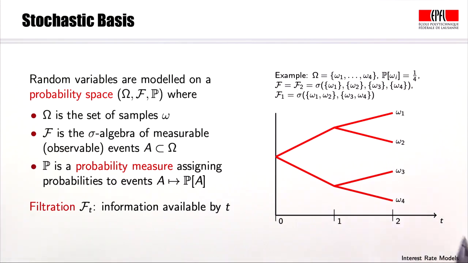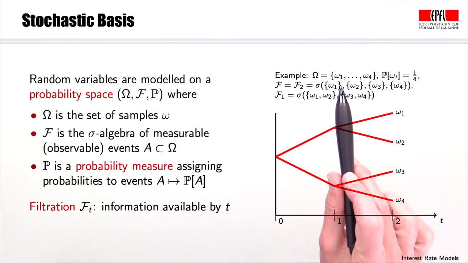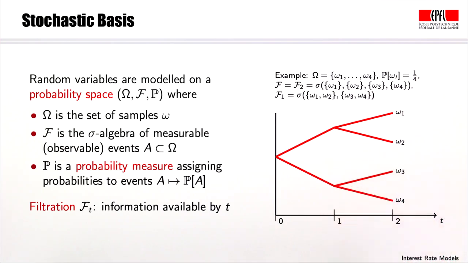Let's look at the following example, which consists of a sample set consisting of 4 samples. Suppose the probability assigns the same weight to each sample. We have 2 time periods. At terminal time 2, the true state of the nature is fully revealed.